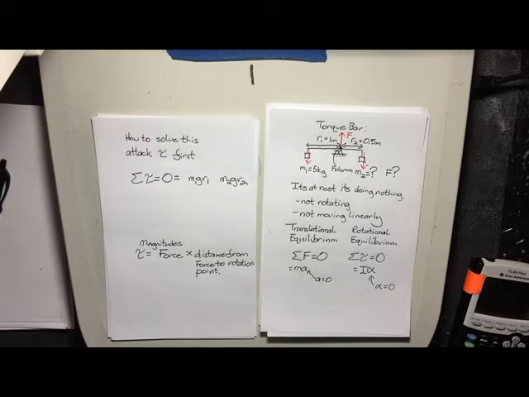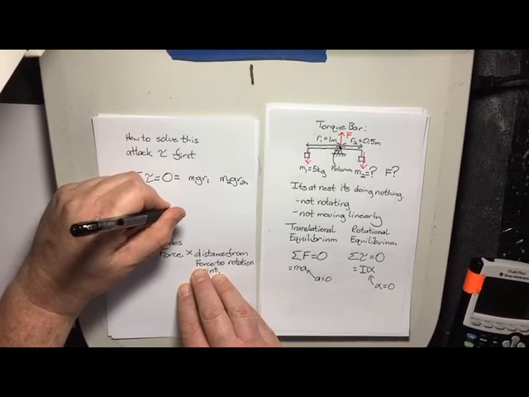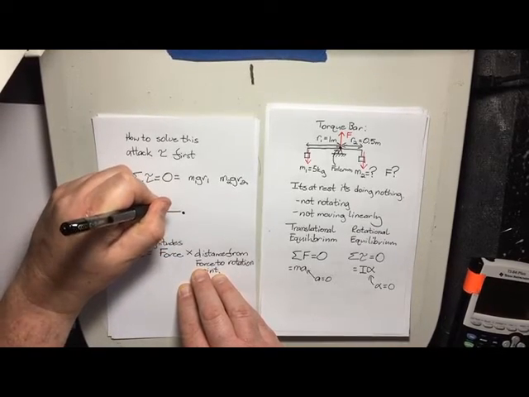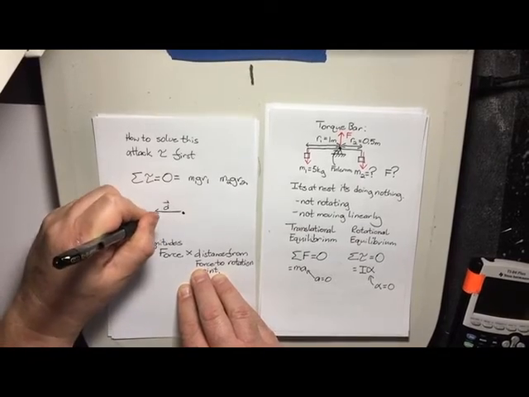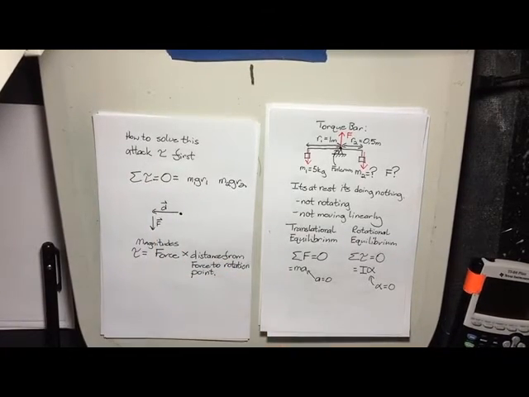Let's look at the signs. That force there is down. What you do is you always start, if that is the rotation point, the distance is from the rotation point to the force, or left.